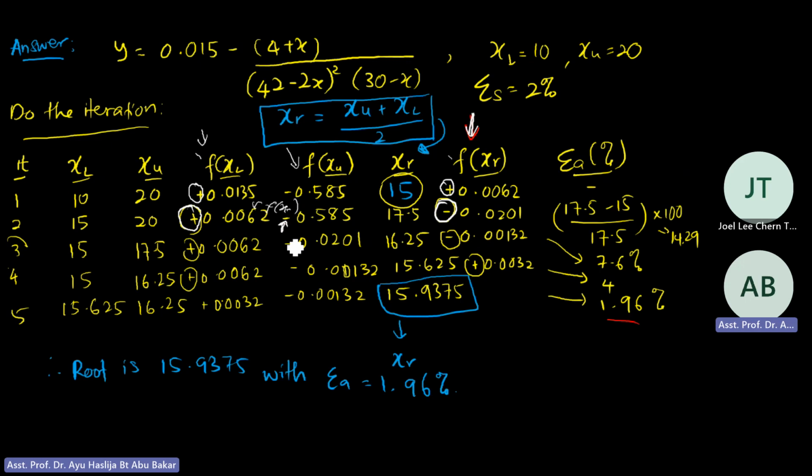Previously it is negative, now it replaces the value. So this one is the one being changed. Since FXU is being changed, the FXR falls under FXU.